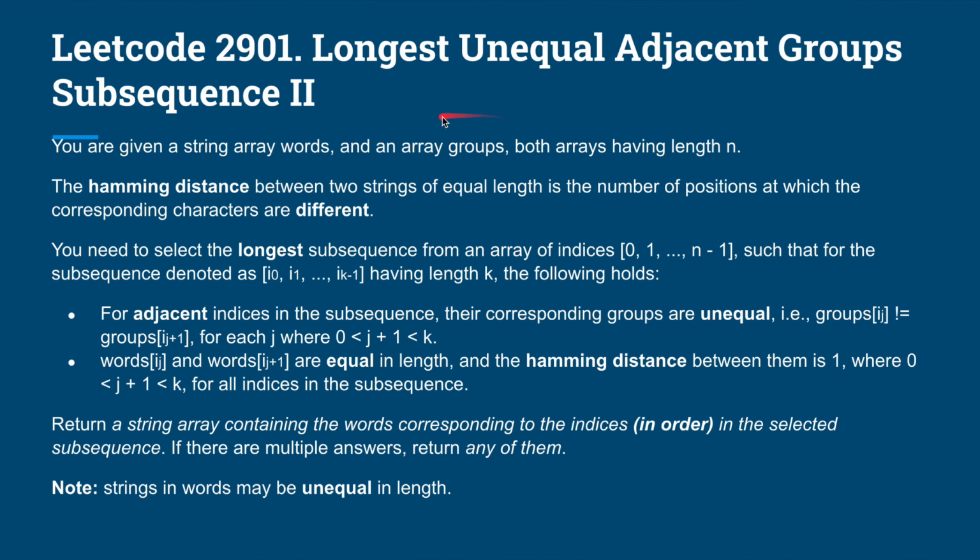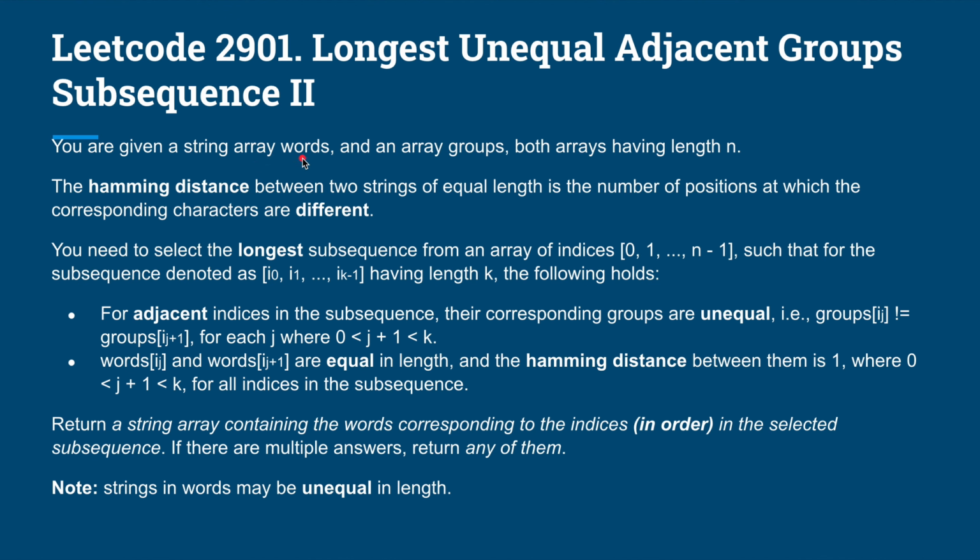What is the question statement saying? You are given a string array words and an array groups, both arrays having length n. So two things we have been given, the words and the array groups. If you remember, we have solved Leetcode 2900, just the previous question number, and we understood how the groups and the words have a relation.